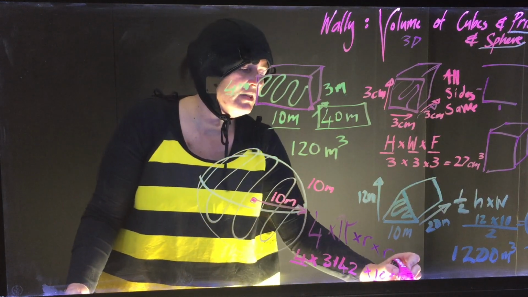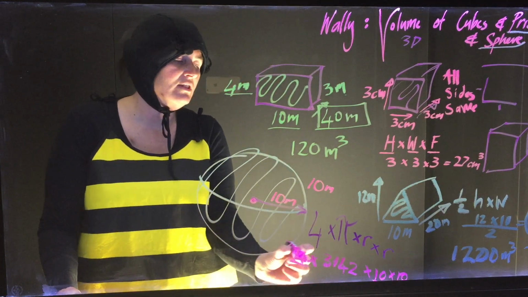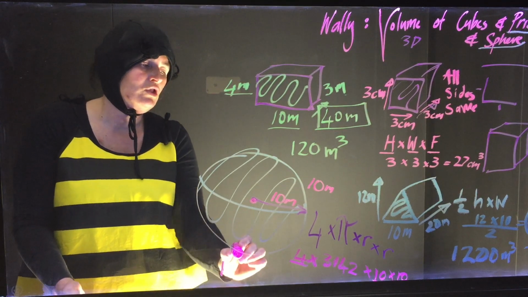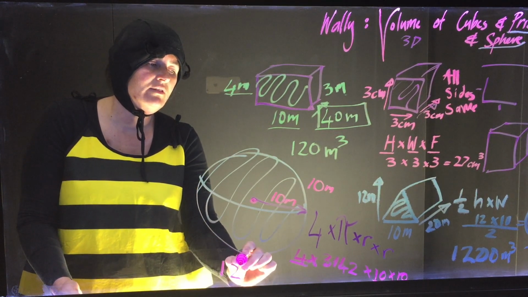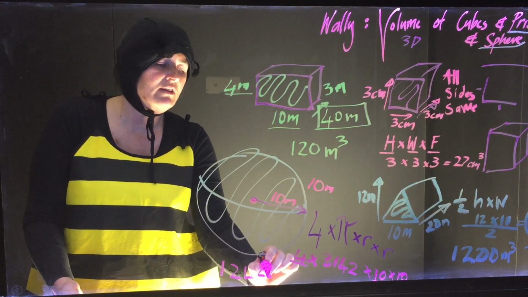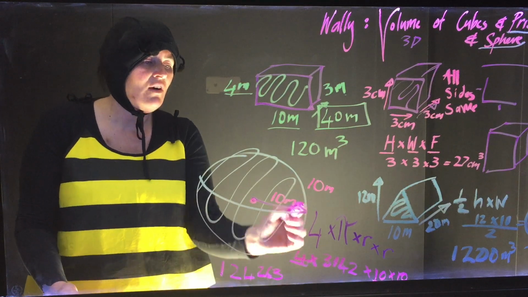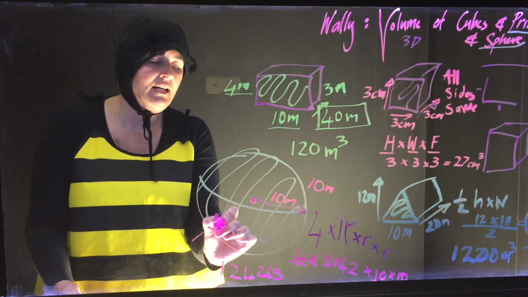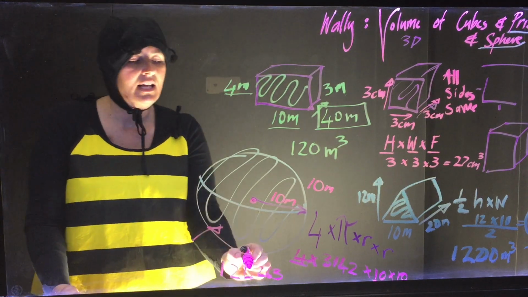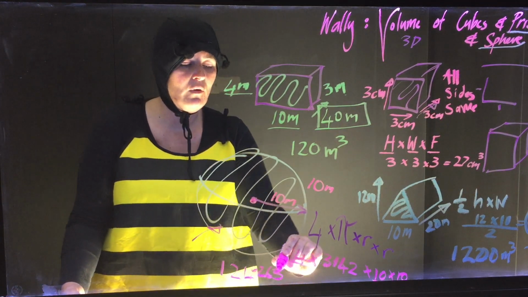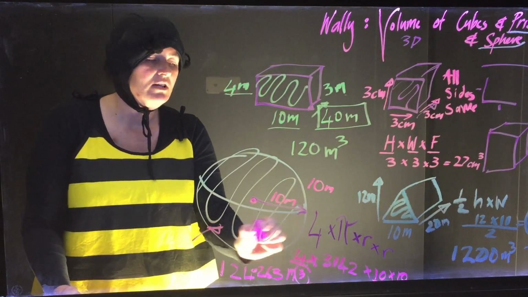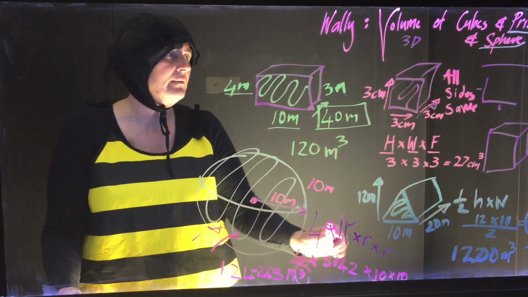So 4 times 100 is 400. 400 times 3.142 is approximately 1,256. So our volume in our big soccer ball that we're playing soccer with our polar bears is approximately 1,256 meters cubed. Now it's cubed to show that we're looking at a volume.